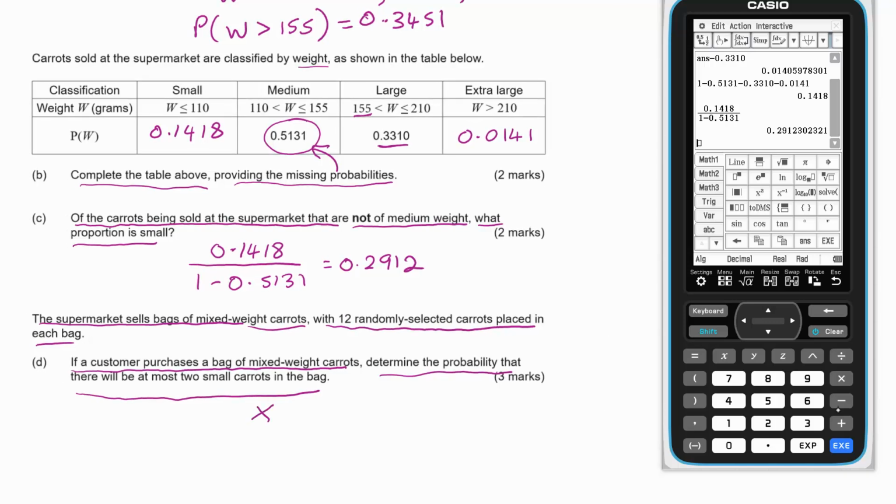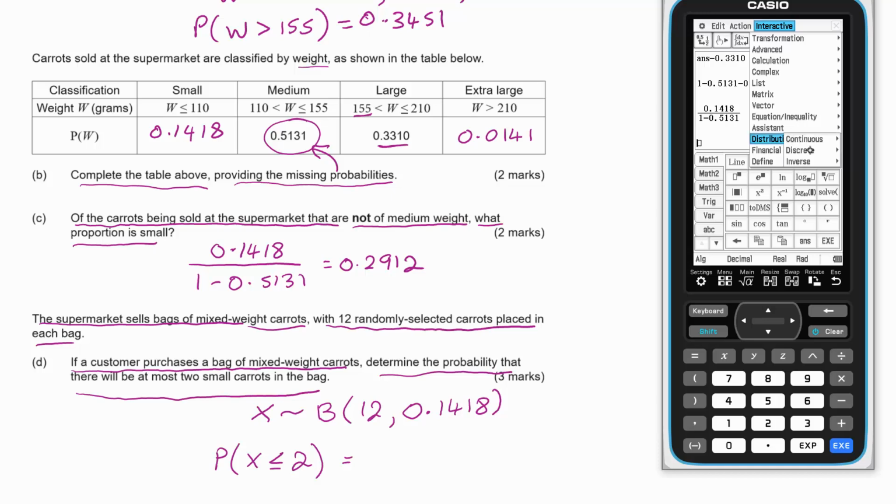So this time we're looking at a binomial distribution. There are 12 carrots in the bag, so that's 12 trials, and the probability of small is 0.1418. And we're after the probability that there are at most 2, so X is less than or equal to 2.